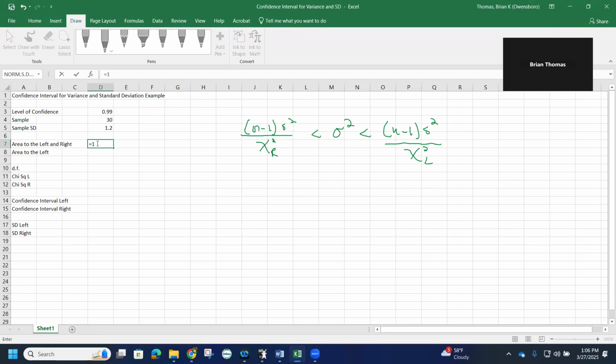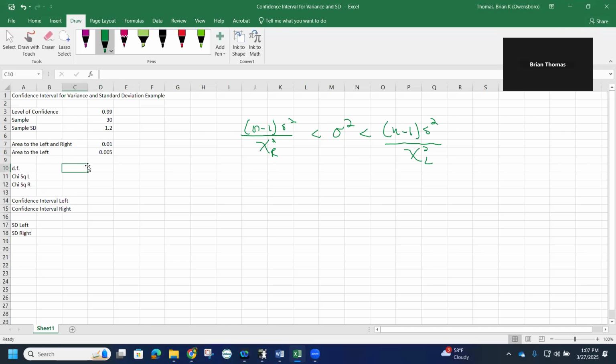So 1 minus, and I'm just going to put this in here to create a formula, 0.01. Now to use Excel, we need to know the area to the left. So this area here that's left and right has to be divided by 2 to get the area to the left. If I hit equals, this area then has to be divided by 2 to get the area to the left.